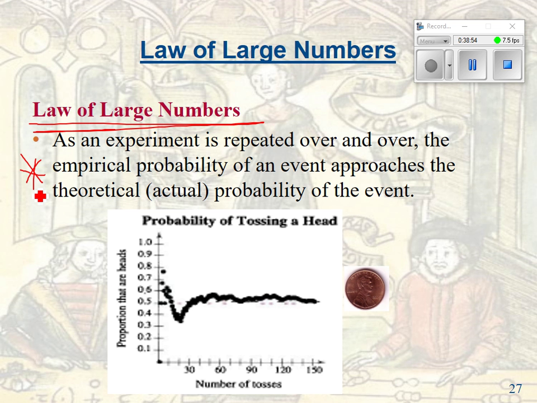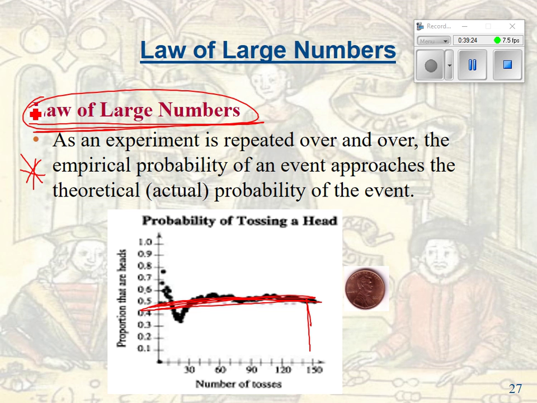And that's what it shows here. Here it shows a bunch of people flipping a coin so many times. They flipped it like 10 times, and then once they got up to about 150, notice the line started to be right at about 50% for everybody. All their numbers started coming together closer and closer. That's the law of large numbers.